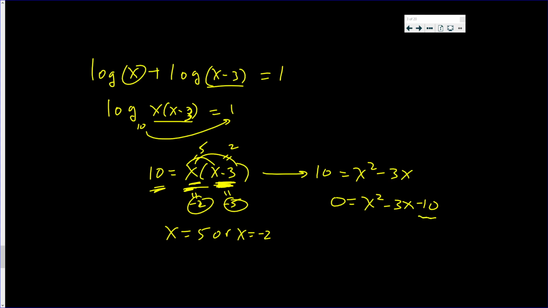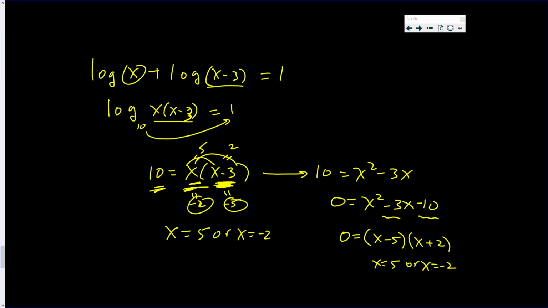Now, I want to know two numbers that multiply out to negative 10 but add up to negative 3. It's a very similar question. The answer is negative 5 and plus 2. So, either x is 5 or x is negative 2.